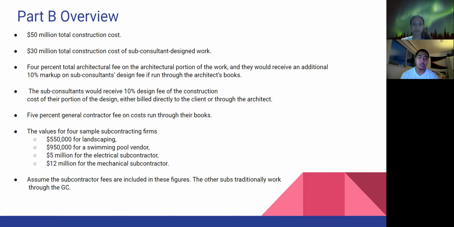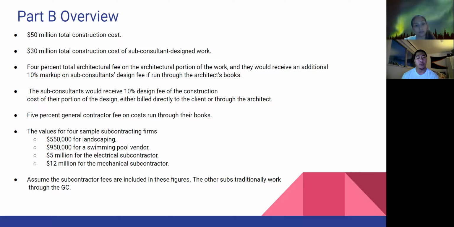The subconsultant will receive 10% design fees of their portion of the design, either billed directly to the client or through the architect. So even if they went the vertical approach or the horizontal approach, he would still charge that 10% design fee. But in the traditional approach, there'll be a 5% general contractor fee on costs run through their books. That's how much the general contractor would charge.